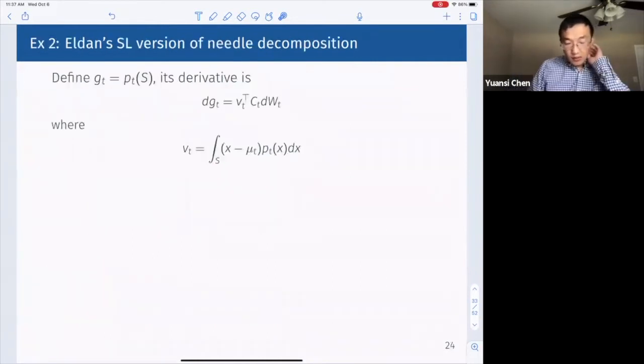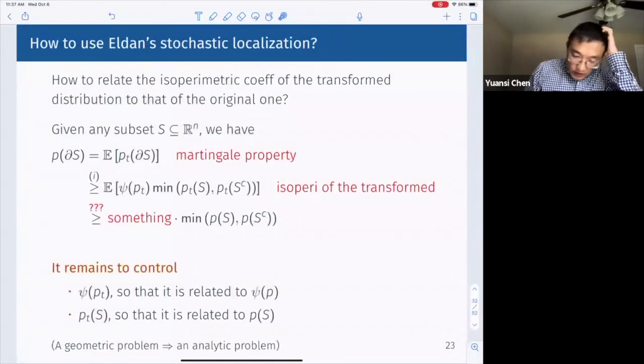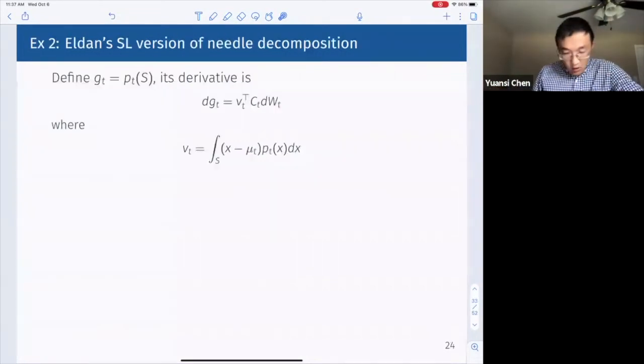Okay, let's see how we can see this needle decomposition in the Eldan stochastic localization framework. In the needle decomposition, we want to make this P_t become a needle, right? So how do we choose some parameters in the stochastic localization so that the transformation ends up with some needle?